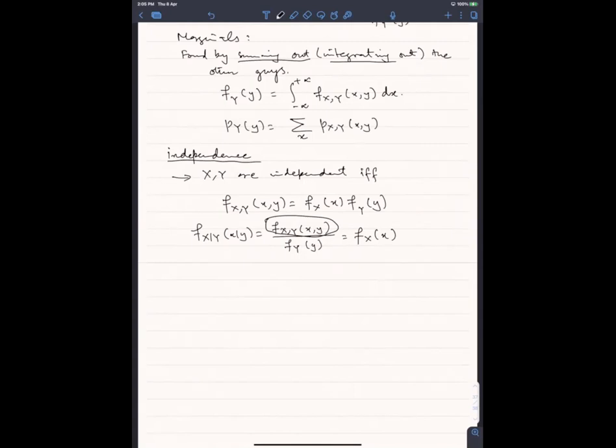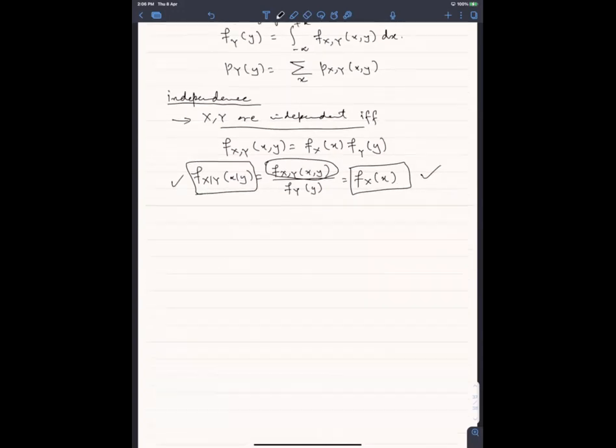If x and y are independent, then the conditional distribution of x given y should be the same as the distribution of x. y has no effect on x. y could be anything, so whether y is given or not given does not matter. So this is independence, and the same thing holds for the discrete case as well.